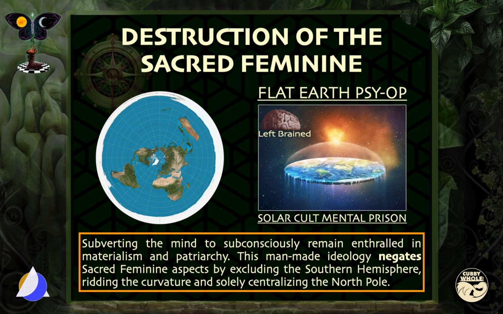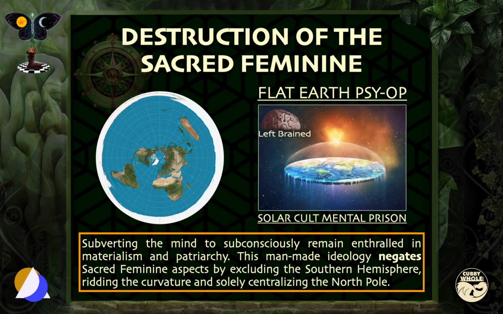So this man-made ideology negates sacred feminine aspects by excluding the southern hemisphere, removing the curvature, and solely centralizing the North Pole. Just remember, the sacred feminine is curvy, right? And if you flatten that, that's one of the aspects you can't get rid of in nature.